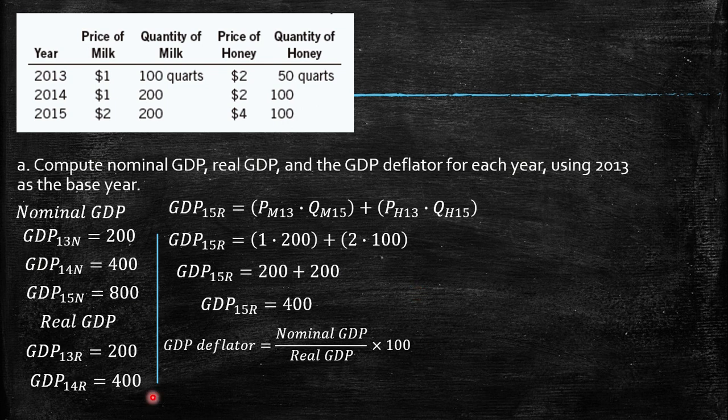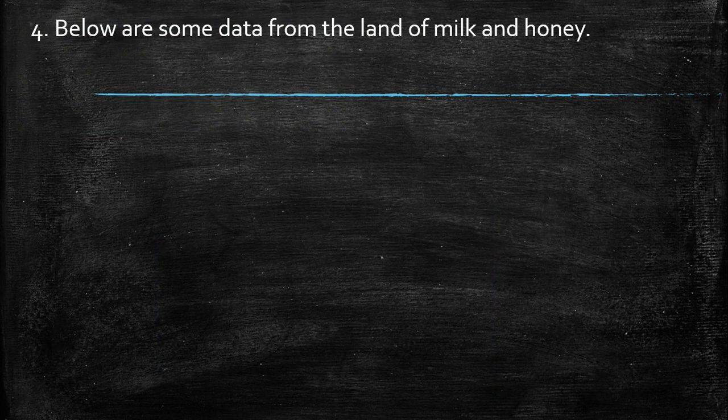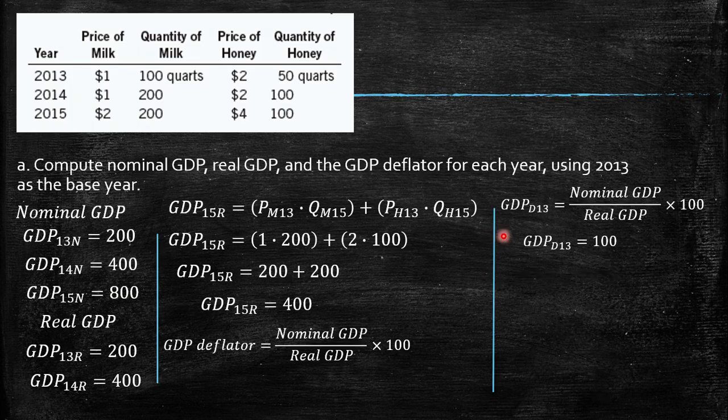The equation of the deflator is the nominal GDP over real GDP for that year, times 100. The GDP deflator for 2013 is exactly equal to 100. Why? The nominal GDP is 200.